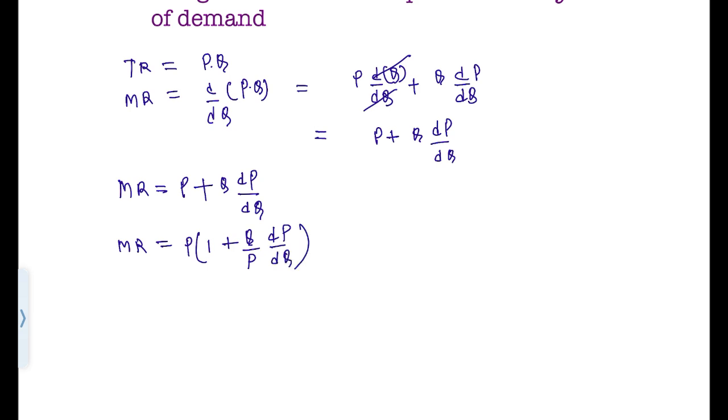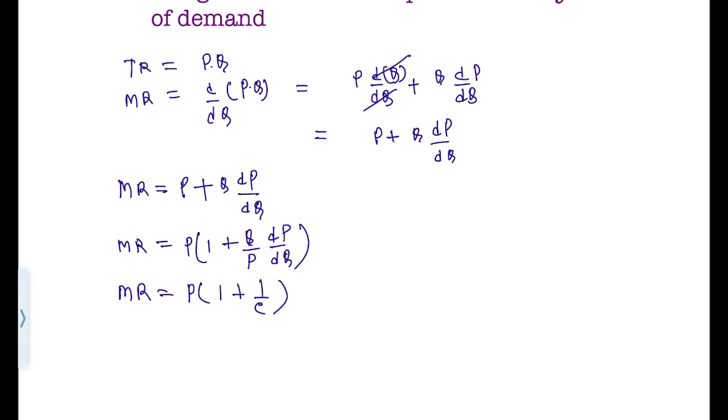This is the inverse of the elasticity of demand formula. If you invert this, marginal revenue equals P times one plus one upon E, where E is the elasticity of demand. So marginal revenue equals P, inside the bracket one plus one over elasticity of demand.